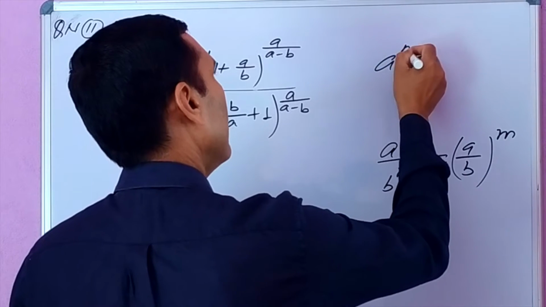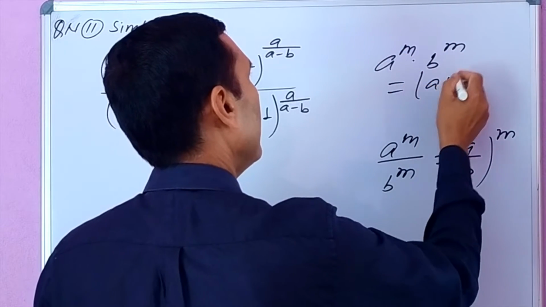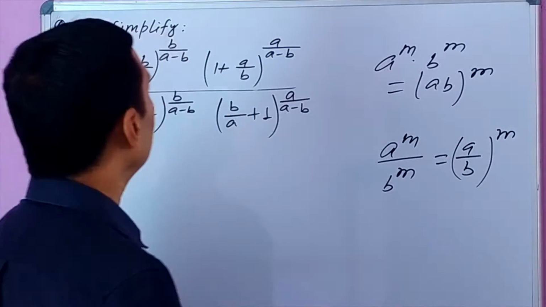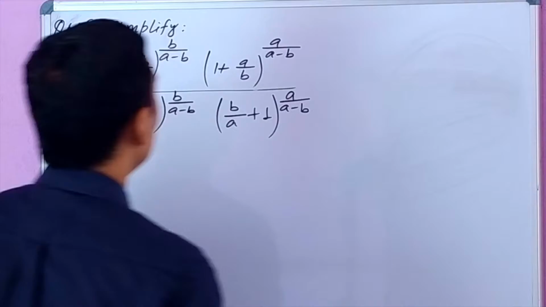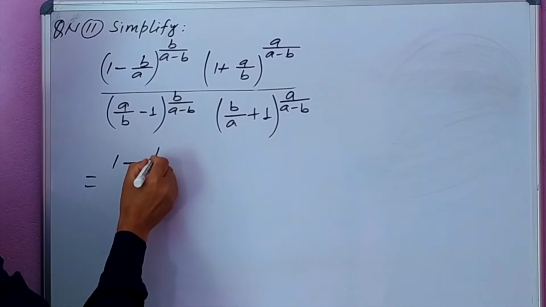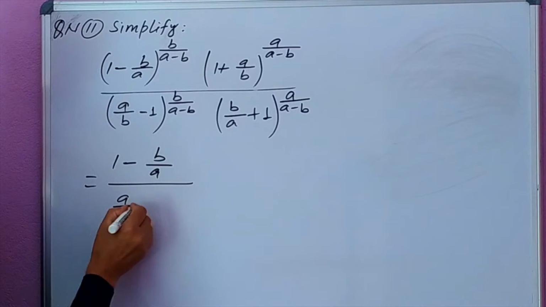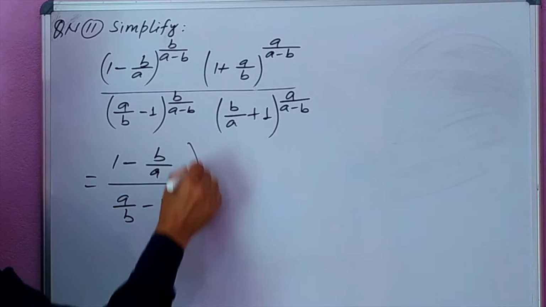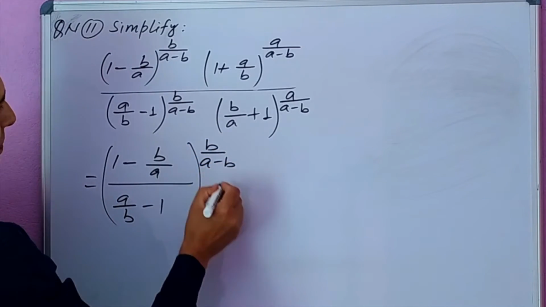If we have a to the power m into b to the power m, this can be written as ab to the power m. So in the same way, this can be written as 1 minus b upon a upon b minus 1, whole to the power b upon a minus b.